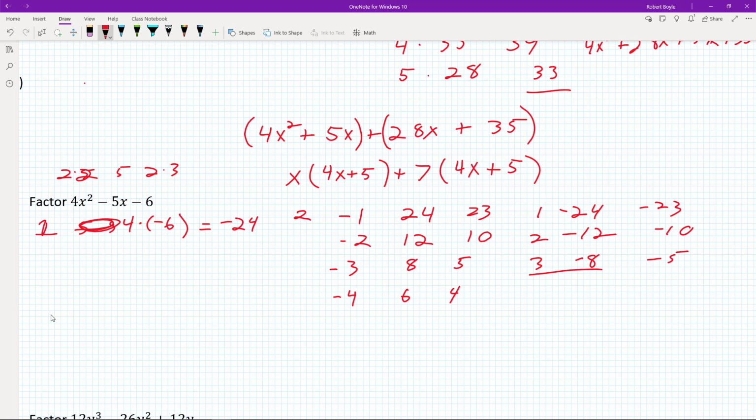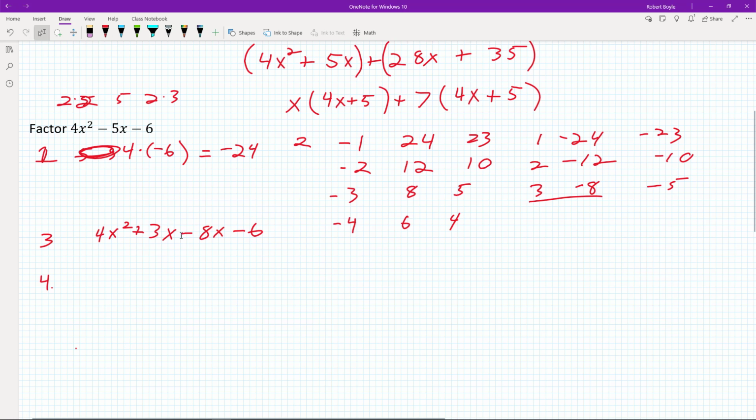For step 3, we can replace the negative 5x with 3x minus 8x, and that will give me 4x squared plus 3x minus 8x minus 6. Okay, and now we can go ahead and do our factoring by grouping.